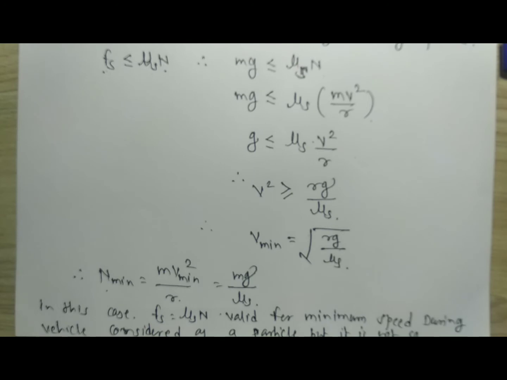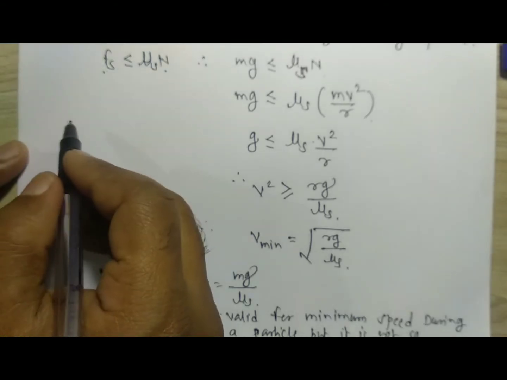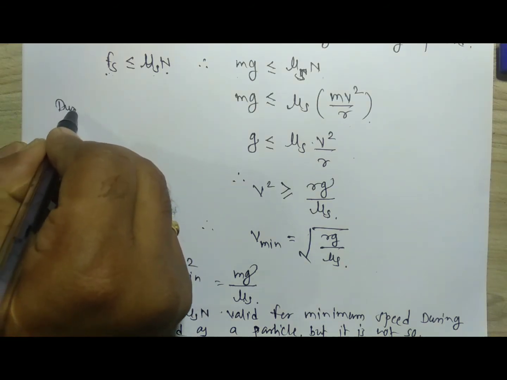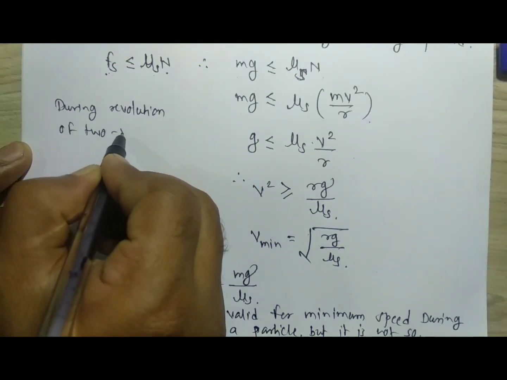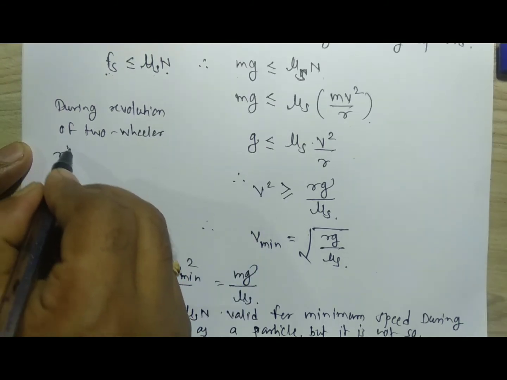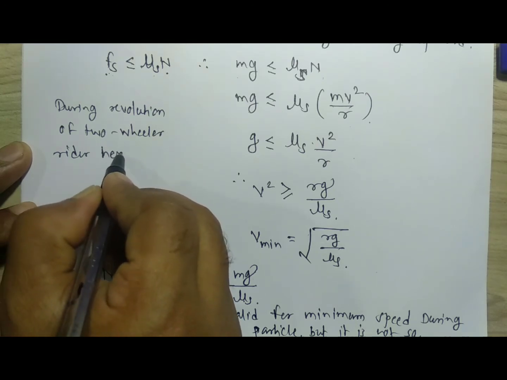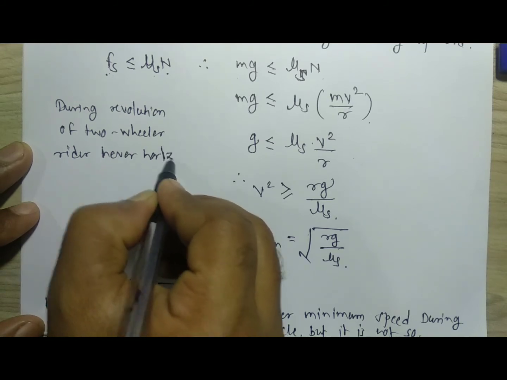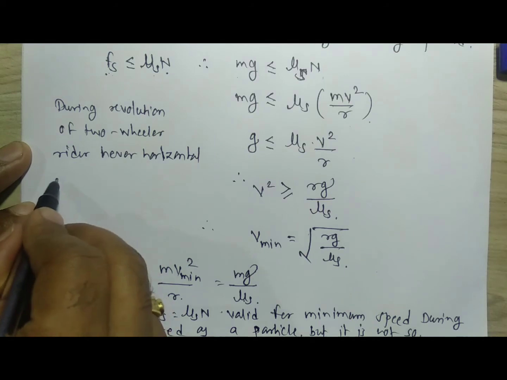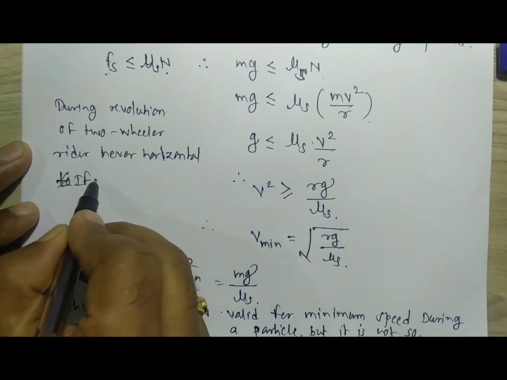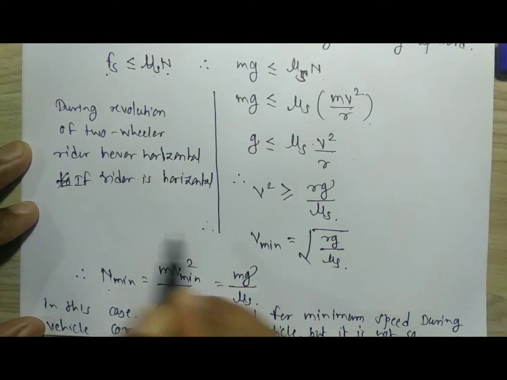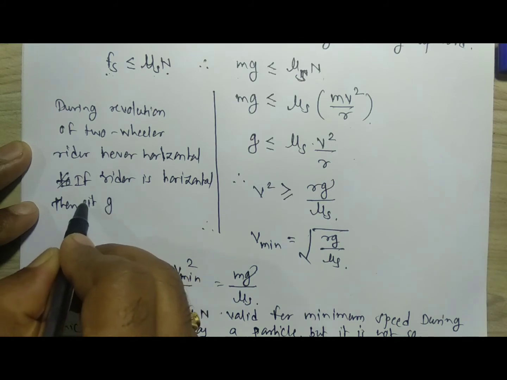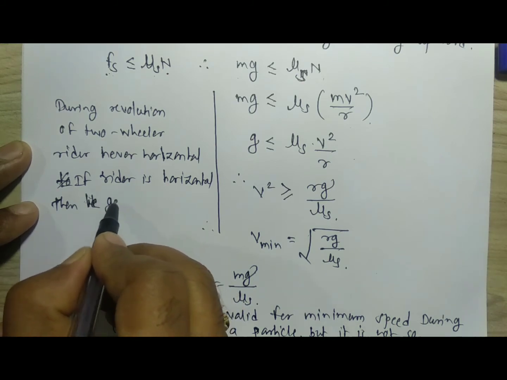It is not a particle, because we have to consider the revolution of a two-wheeler. Here, during revolution of the two-wheeler, the rider is never horizontal, because if the rider becomes horizontal, it is a topple. If the rider is horizontal, then he or she gets toppled.